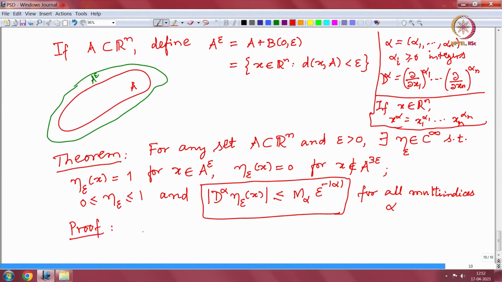So this eta epsilon x is the integral in Rn of the characteristic function of A 2 epsilon, and rho epsilon x minus y dy.